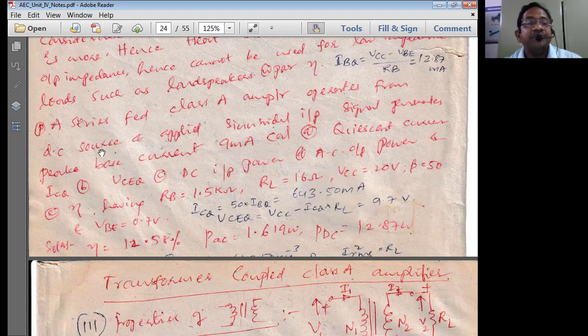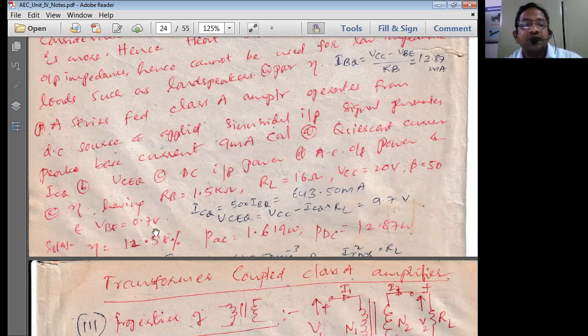An applied sinusoidal input signal generates a peak base current of 9 milliamperes. Calculate its quiescent current ICQ, VCEQ, DC input power, AC output power, and efficiency of the circuit. He has given the values: RB is 1.5K, RL, VCC and beta are given.